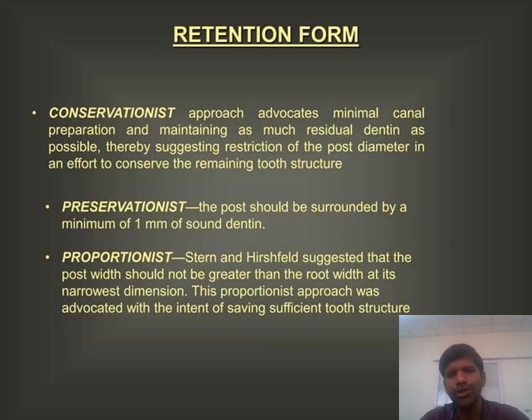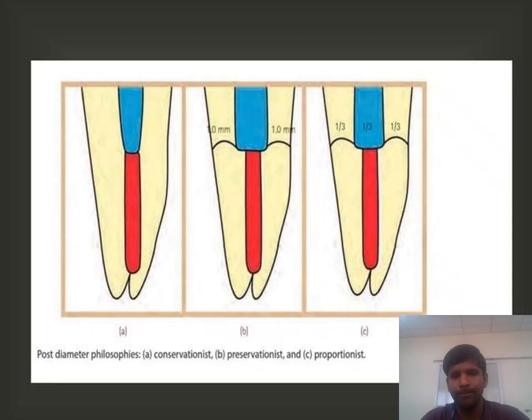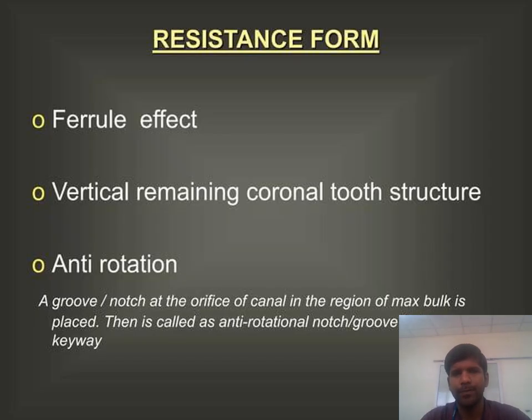In case of proportionist, Stern and Hirschfeld suggested that the post width should not be greater than the root width at the narrowest diameter. So here we see the three concepts. The first one is the conservationist theory, the second one is the preservationist theory, and the third one is the proportionist theory.